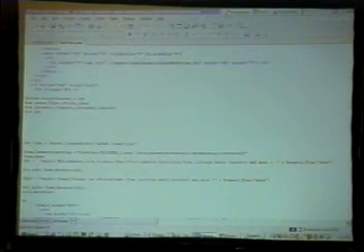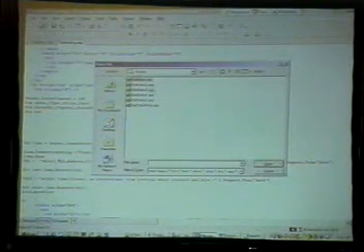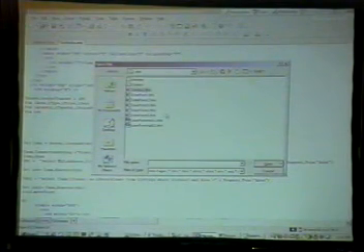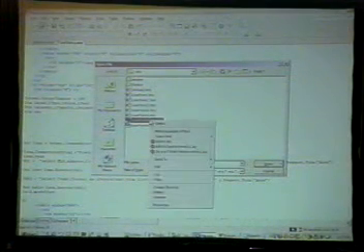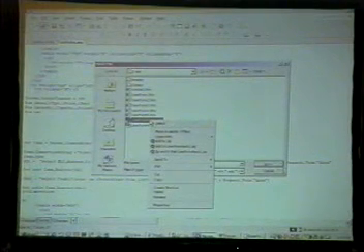Now, let's say that I as an evil person took this code and saved it to my own drive. Took the user form and just did file save as. Saved it to my own drive.